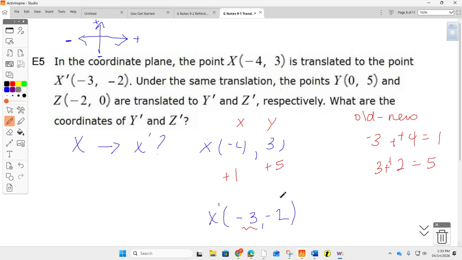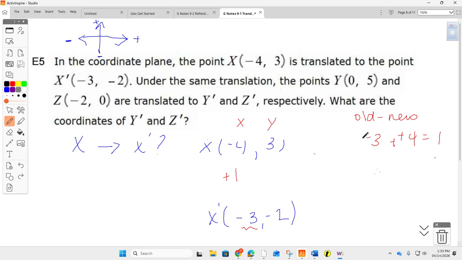Is that right? Let's see. 3 minus negative 2. Oh, yeah, it is negative 5. What did I do? Oh, I did the new minus. I used the last one.